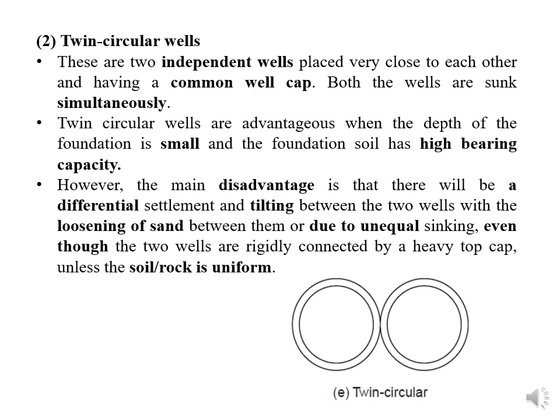Suppose you are going to sink the two wells simultaneously, and below the first well the soil property is different, and below the second well the soil property is different. So there is a chance of differential settlement. If there is a hard strata below the bottom of both the wells, it will be better.